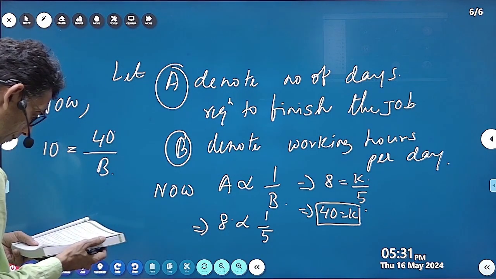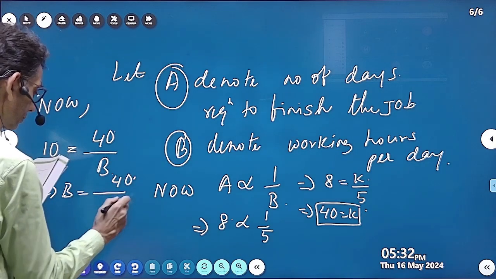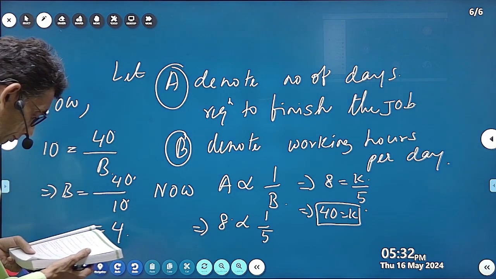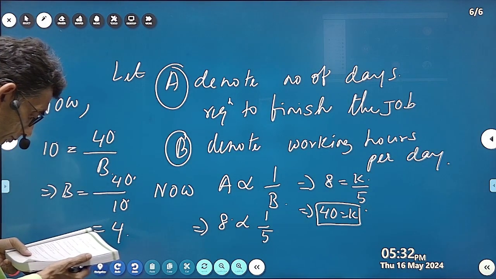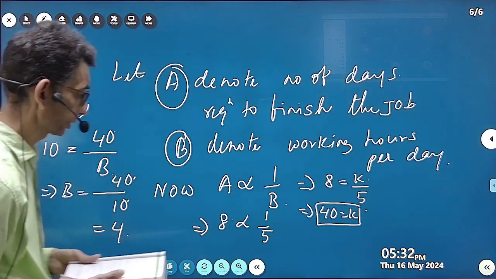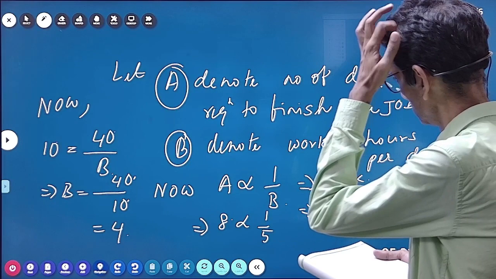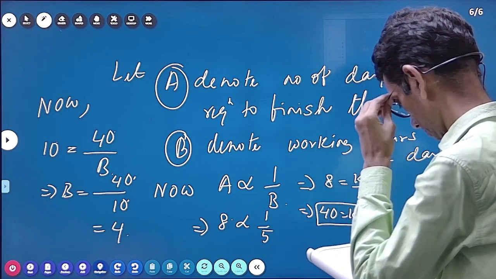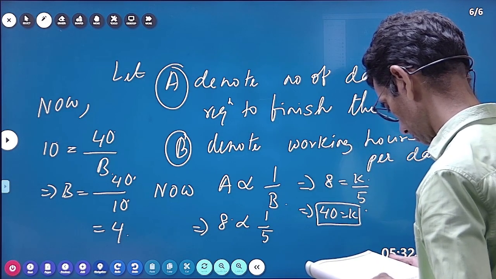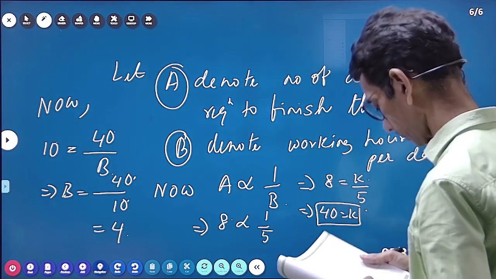K is equal to 40. So this implies B is equal to 40 by 10. That is 4. Okay, B is equal to 4. So he will finish the work in 4 days.